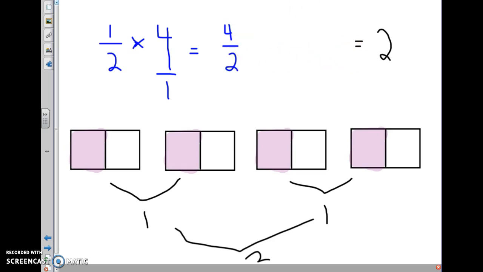Guess what? It's 2. So that's the same thing, right? As if we show this visual thing, we can just turn that whole number into an improper fraction by putting a line under it and then a 1 underneath, making it that whole number over 1. And then you just multiply across, just like we did yesterday with multiplying fractions.